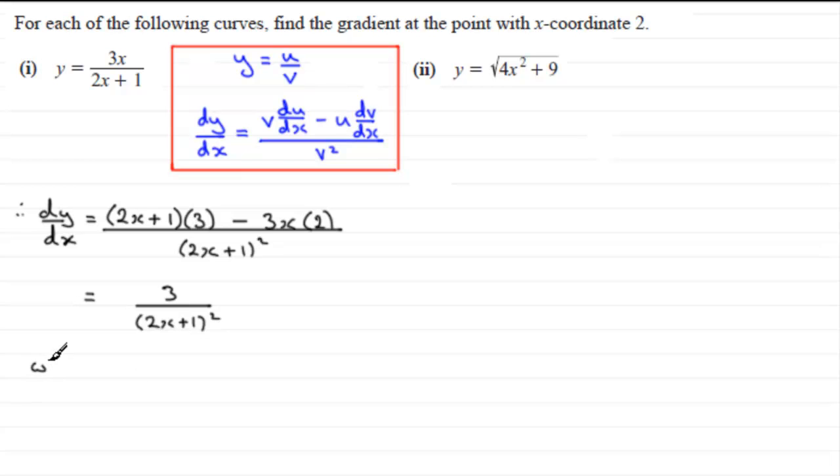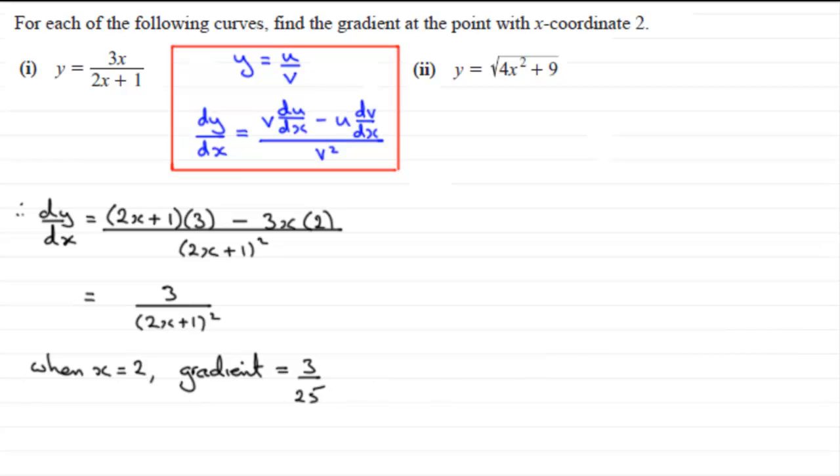So when x equals 2, the gradient is 3 divided by, well, the denominator is 2 twos are 4, plus 1 is 5, squared is 25. So you end up with a gradient of 3/25.